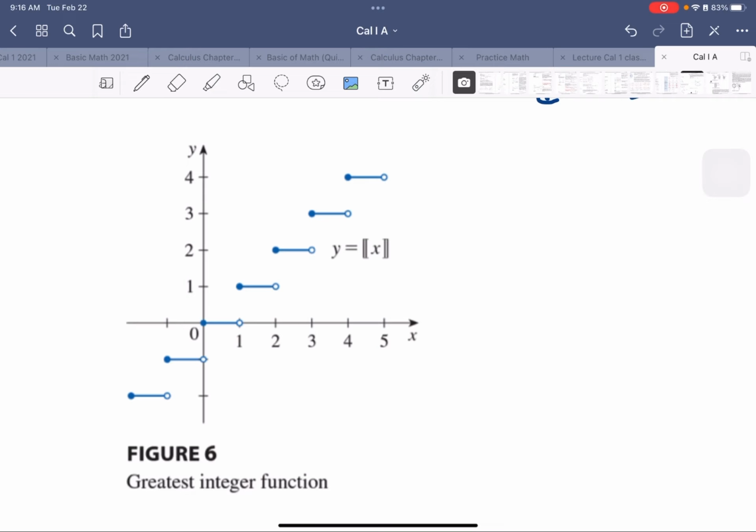But in between, you can see it still has a line, right? So in between, we can separate the interval. We see the limit exists, but at this interval here, there is no limit. The limit does not exist, and we know that the function itself is not a continuous function.